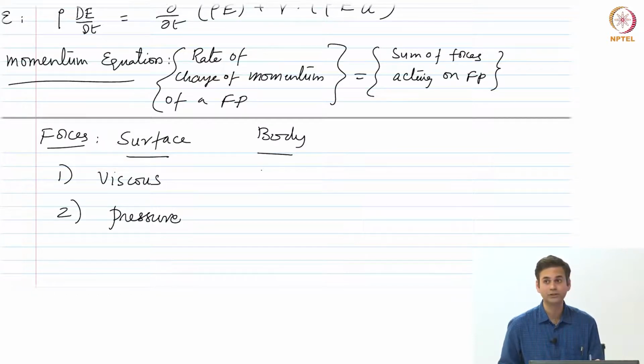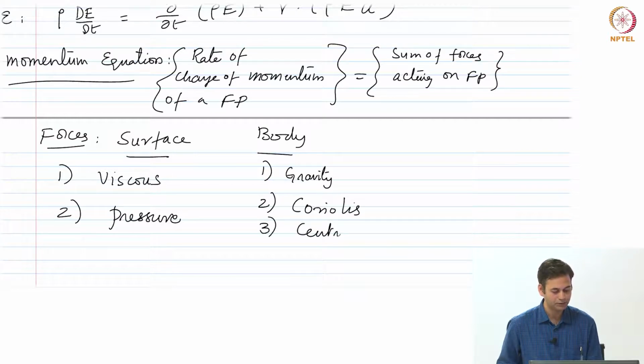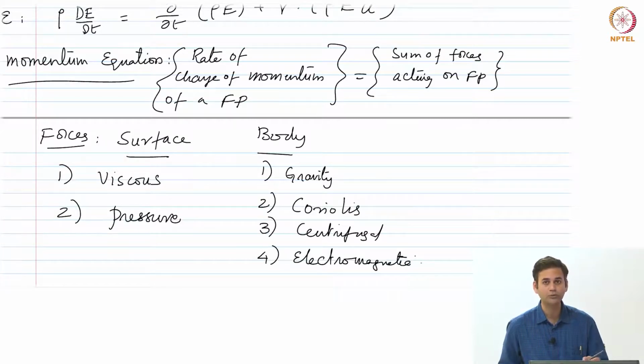What about the body forces? Sorry? Gravity, okay. What else? If you have a rotating domain, you would probably get a Coriolis force or centrifugal forces, and so on. You can probably also have electromagnetic forces and so on. Anything that acts on the volume, you would call a body force.